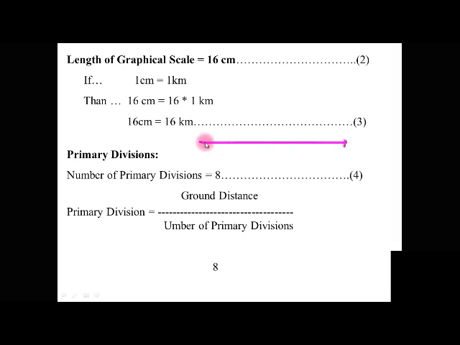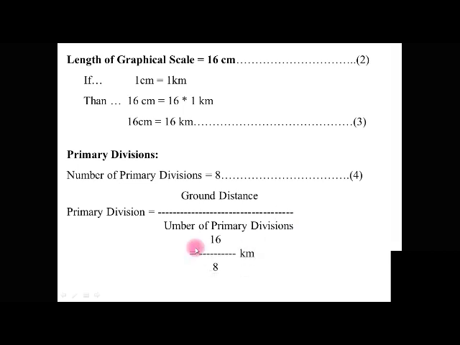Then what would be the distance of each primary division? If the total distance is 16 kilometer, what would be the distance of one primary division? For that I have to use this equation: primary division is equal to ground distance, that is 16 kilometer, divided by the number of primary divisions.